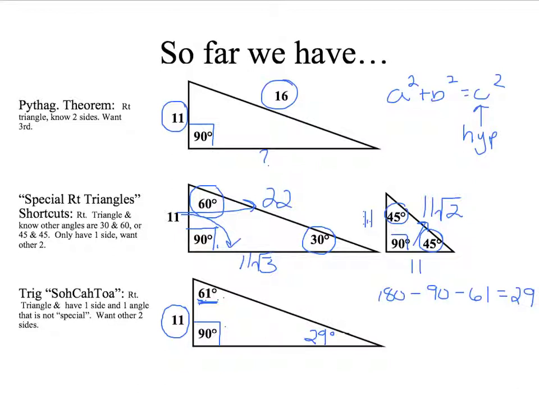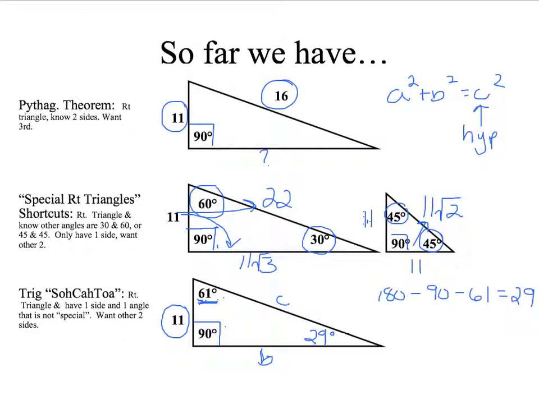That's no big deal, but then getting the other sides, we have to use trig. Pythagorean theorem wouldn't work again because if we did a squared plus b squared equals c squared, we would have two unknowns.